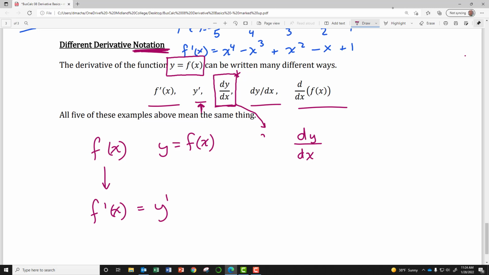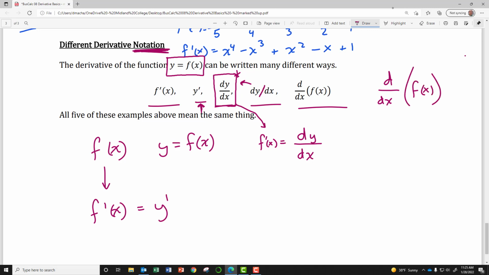So you could say that the derivative, or f prime of x, is equal to dy dx, and that would be totally fine. Of course, this is the same thing, just on its side, so use the little slash to represent dividing again. Otherwise, the same thing as that. And then this last little bit is saying, let me have the derivative with respect to x of the function f of x.